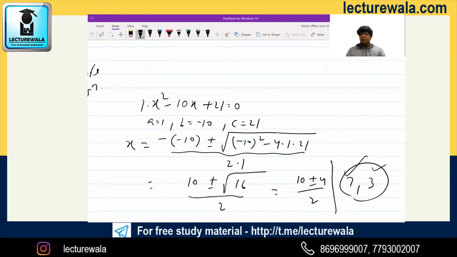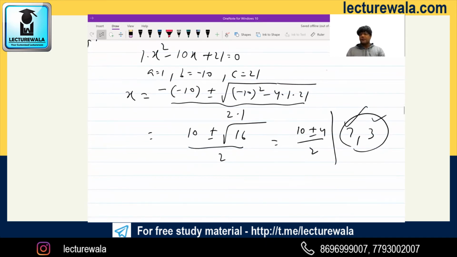Out of these two roots, any one is alpha and the other is beta. Again, I am not saying the first is alpha and the second is beta, or that the first is beta and the second is alpha. Anything can happen. If you take the first to be alpha, the second is beta. If you take the first to be beta, the second is alpha. So what will I say in one line?